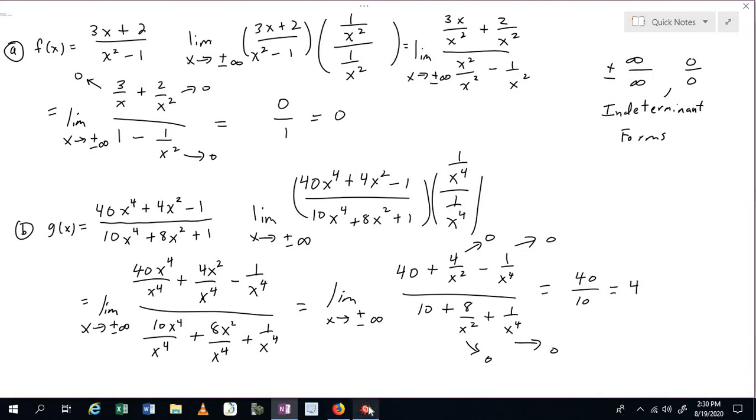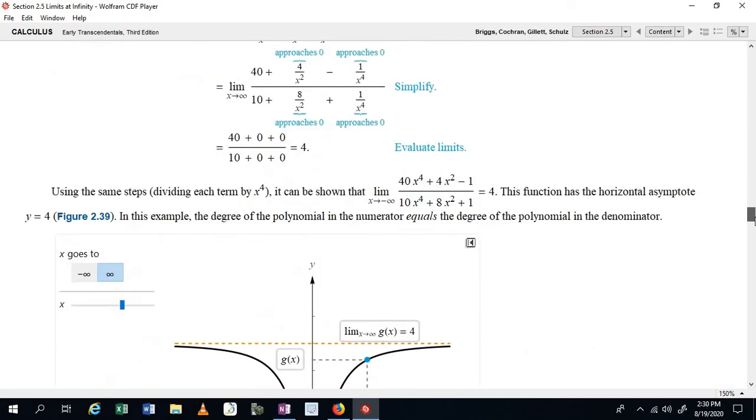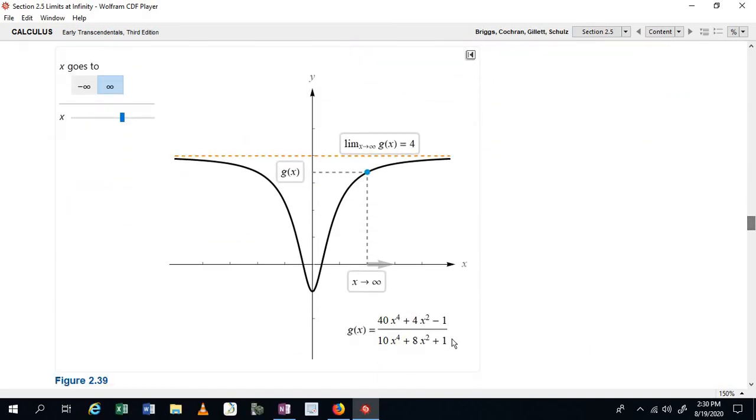Okay, and so a quick look at the graph of this. So the graph of this function looks like this. And you can see as x heads towards infinity, this y value creeps up towards 4. And it does the same thing as x heads towards negative infinity.